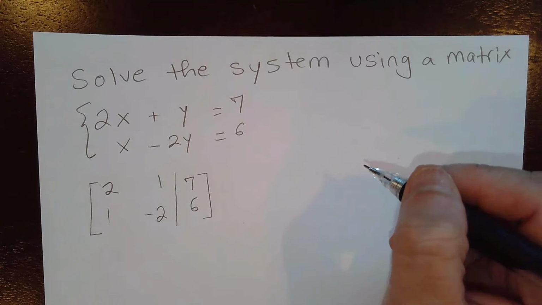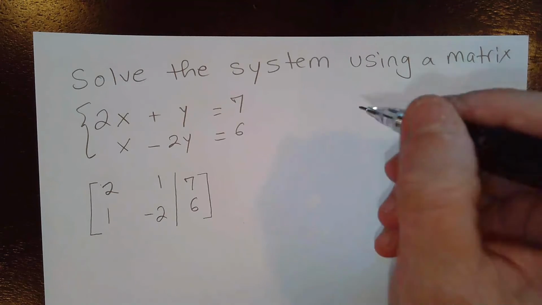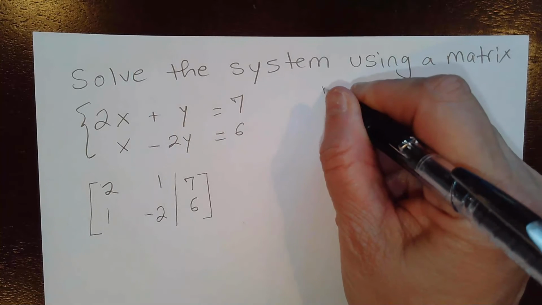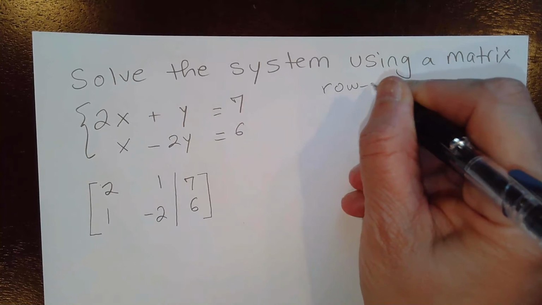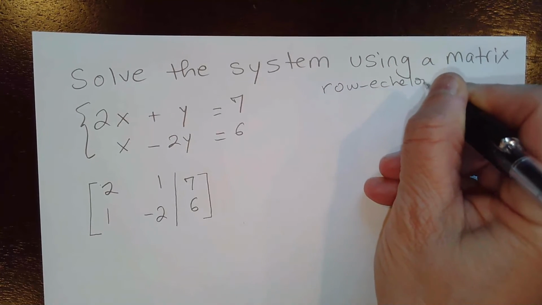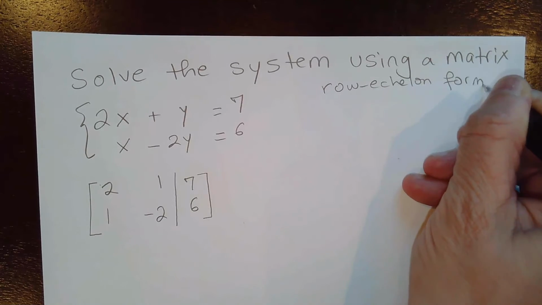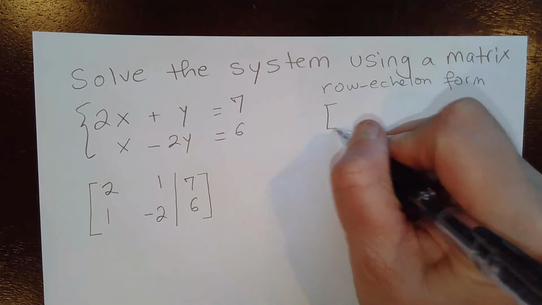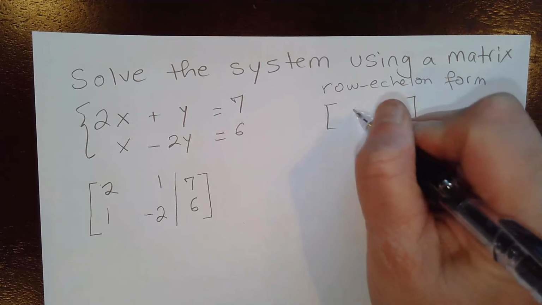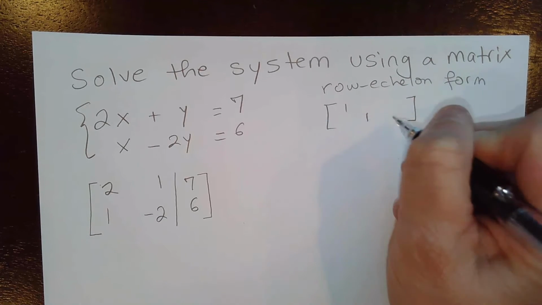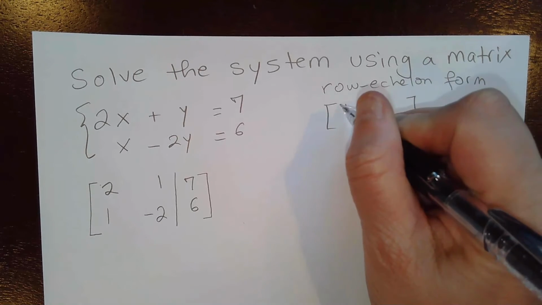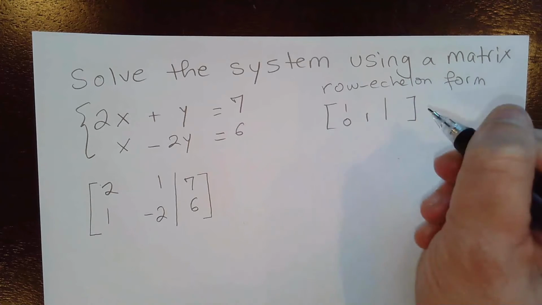So this is the augmented matrix for the system. Now what we need to do is transform this augmented matrix into a matrix in row-echelon form. A row-echelon form consists of ones in the diagonal, and anything under the diagonal we have 0.